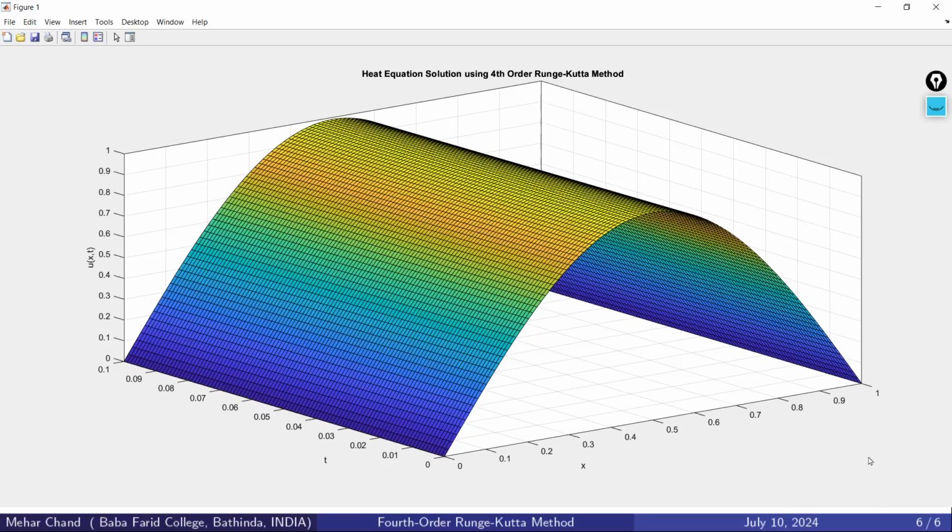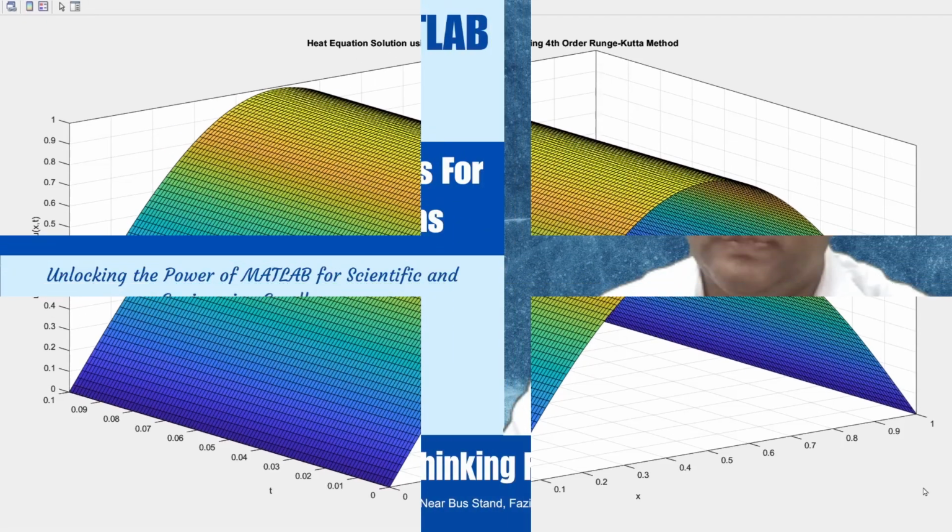In this way we can use the Runge-Kutta fourth order method to find the solution of any kind of partial differential equation, but here we solved the heat equation. I hope that all this content will support you to implement it in other types of problems associated with partial differential equations.